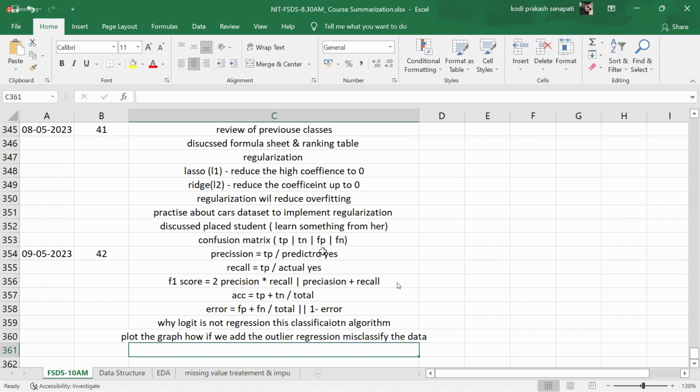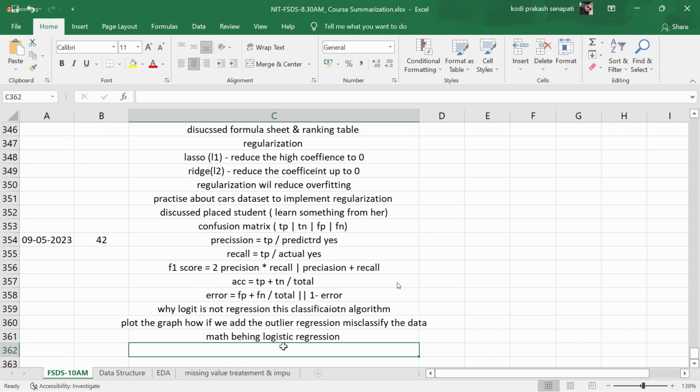We understood the math behind logistic regression, and we found that yi into wx is always greater than 0 to classify the data point properly, isn't it?